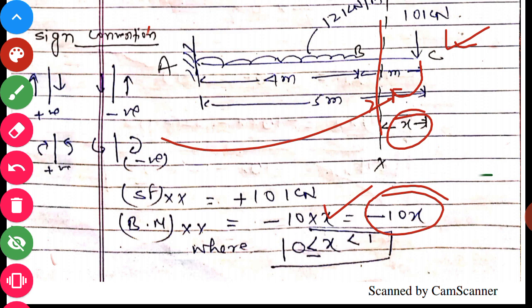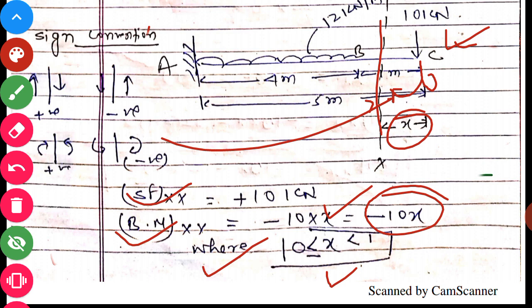And it is very important to define the regions, because this shear force and bending moment lie in a particular region, that means in region BC, where x is less than or equal to 1. Okay, because that is the 0 end. The free end is what?